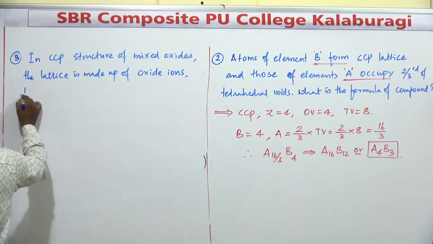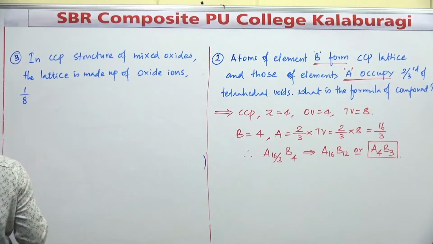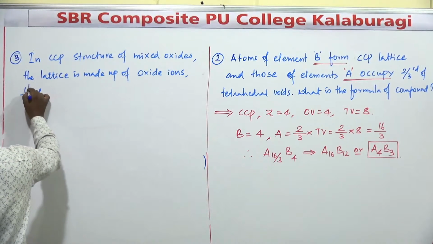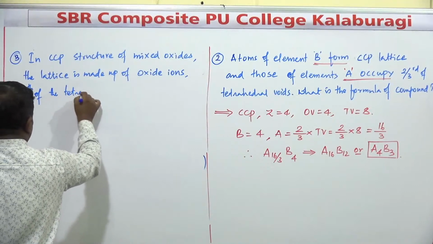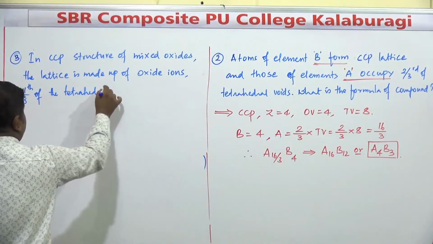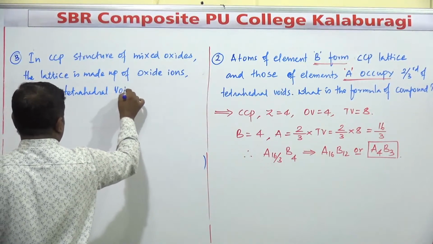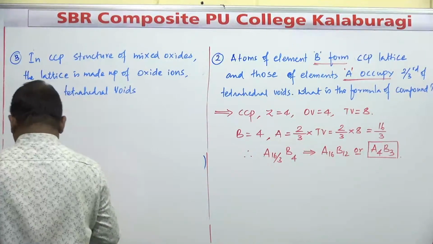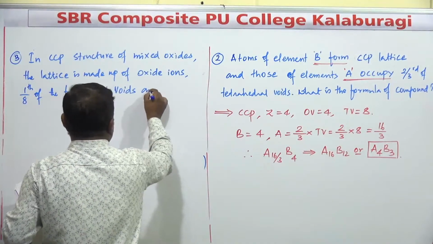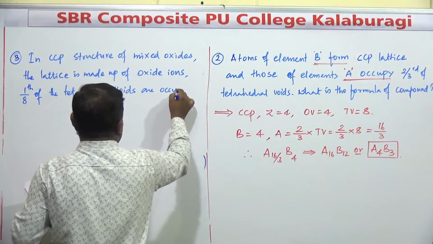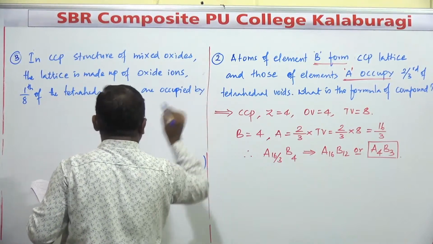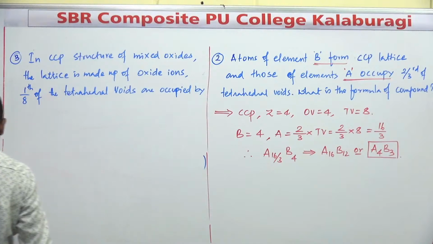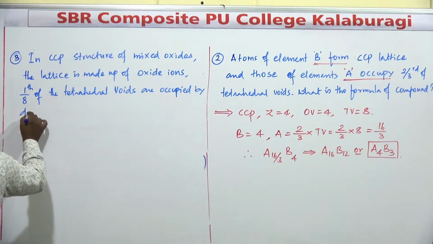Next, 1/8 of the tetrahedral voids are occupied by divalent ions.